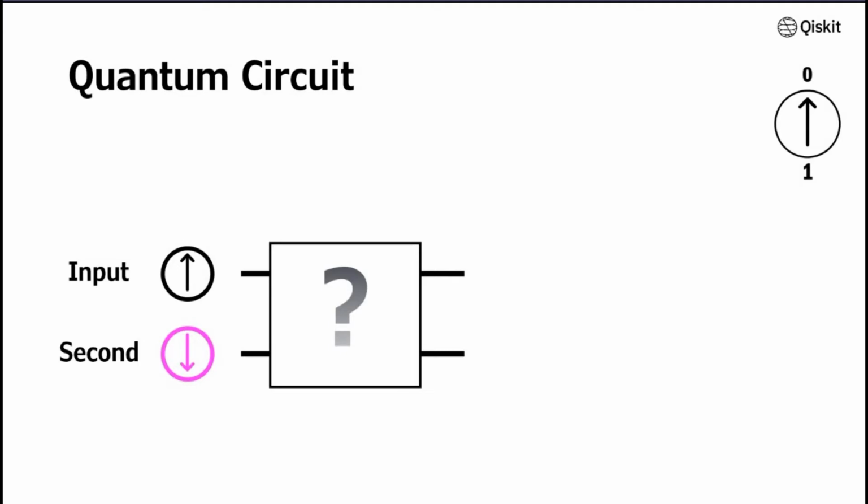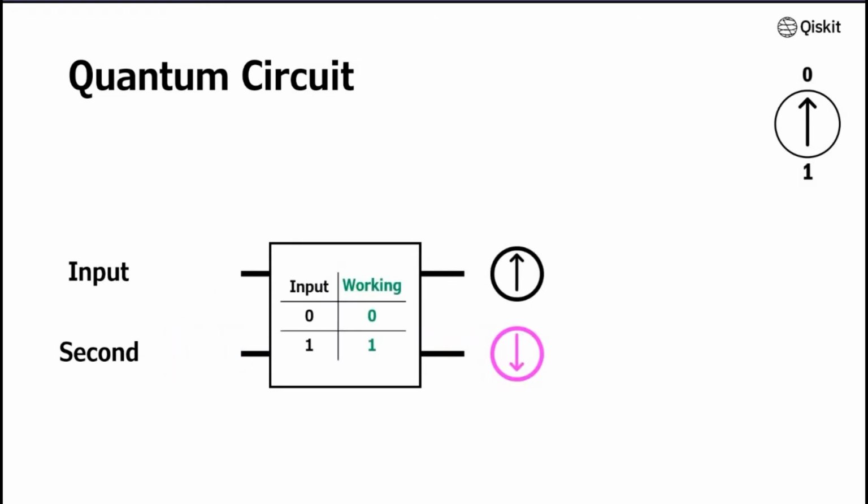So here's the problem. Let's say we want to find what's inside of this box. There are 4 different types of switch that can be inside, but we want to check by sending a bit of information into the box, and we want to find out which switch is in the box. So let's say it's a working switch with correlated output.